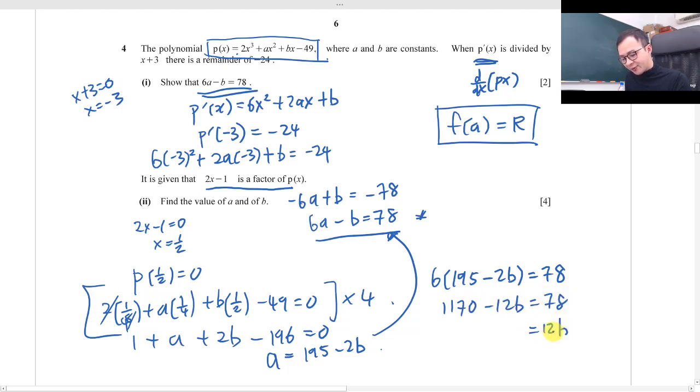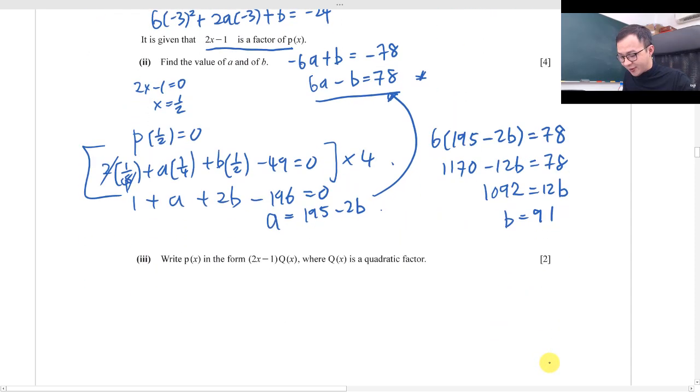So 12b equals minus 78, 1092 divided by 12. Okay, b is 91. Then I will need to find the a from here. So 6a minus 91 equals 78, so 6a equals plus 78.